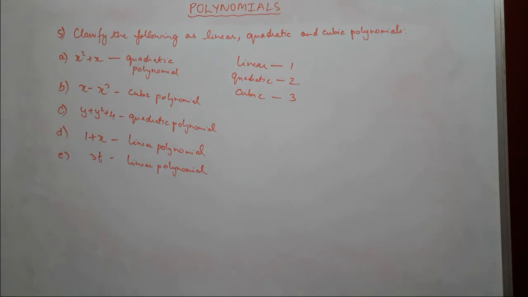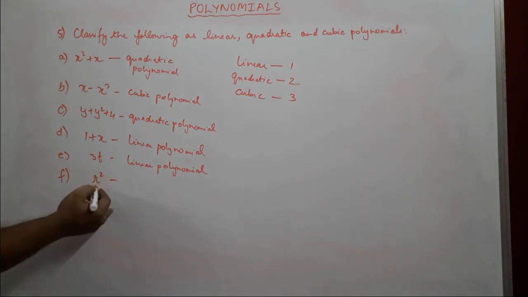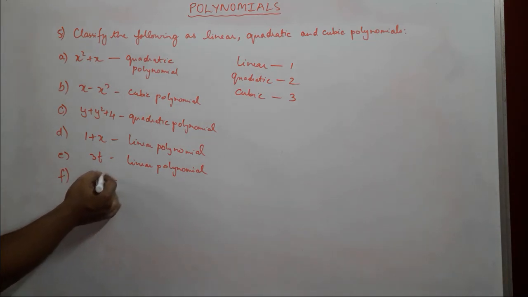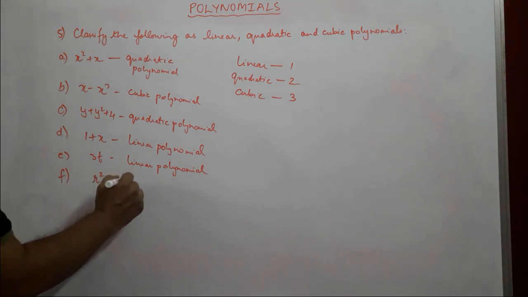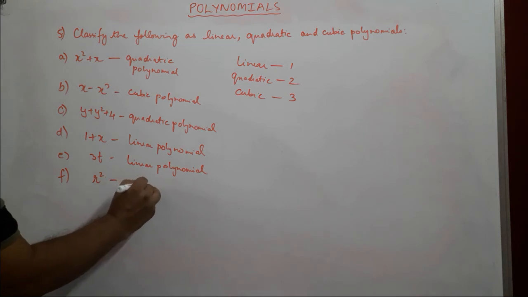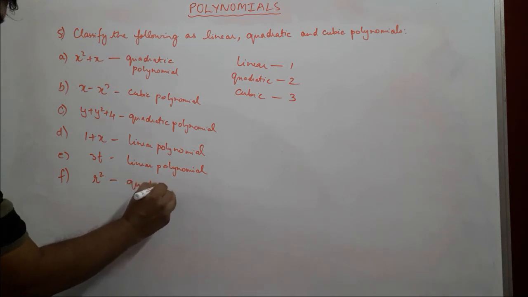We'll solve two more and we'll be done with this set of questions. This says r square. Once again, just a single term with the power being 2. So that falls under quadratic polynomial.